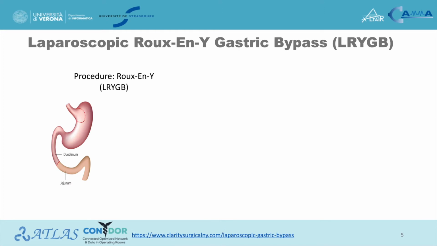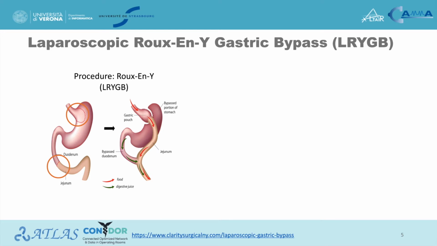Laparoscopic Roux-en-Y gastric bypass procedure is a complex procedure where the stomach is first reduced to create a smaller gastric pouch, the jejunum is separated from the duodenum, and finally the jejunum is directly connected to the newly created smaller gastric pouch. Gastric bypass is a procedure for obesity, which is considered a global epidemic by WHO, with approximately 500,000 operations performed every year.